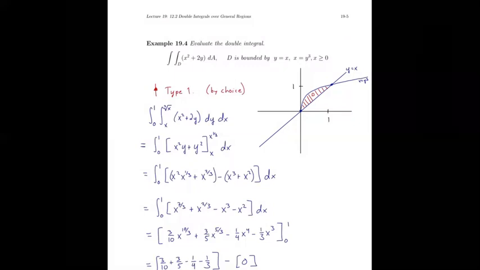Our upper boundary is y equals cube root x, and our lower boundary is y equals x. So that's what's occurring over here, x to cube root x. And that's moving up and down the y-axis.